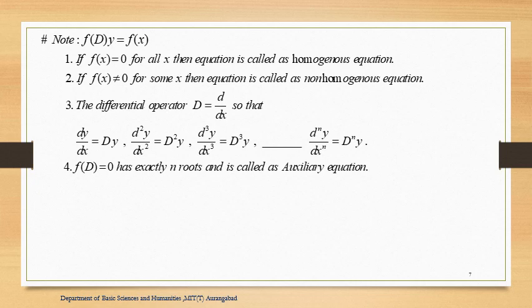That means if your roots are real and repeated, this is your first case. Second case will be if your roots are real and non-repeated. How to write the complementary function? Third case is if your roots are complex numbers and non-repeated. Fourth case will be if your roots are complex numbers and repeated.